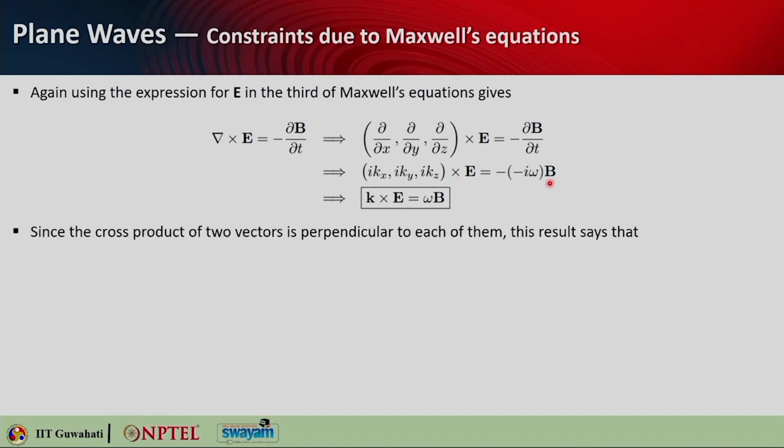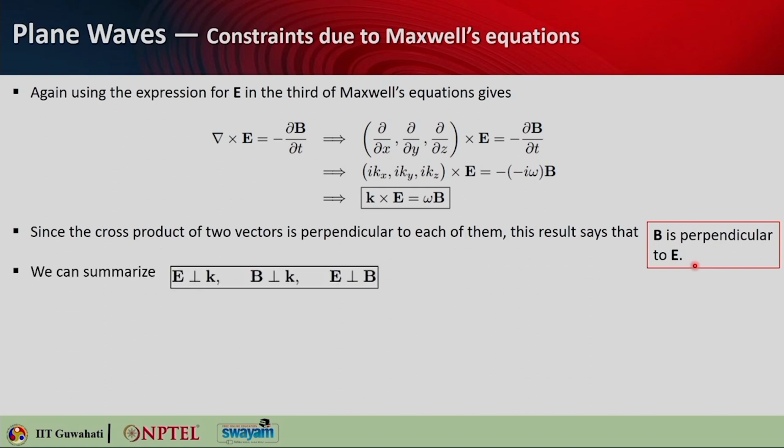It means the cross product of two vectors is perpendicular to each of them, and that happens only when B is perpendicular to E. So these are the conditions that a plane wave has to follow because of Maxwell's equations: the electric field will be perpendicular to the propagation direction, the magnetic field will be perpendicular to the propagation direction, and the electric field and magnetic field will also be orthogonal to each other.